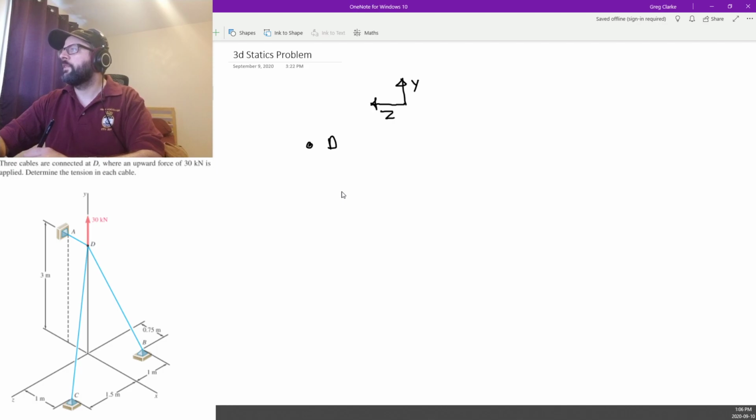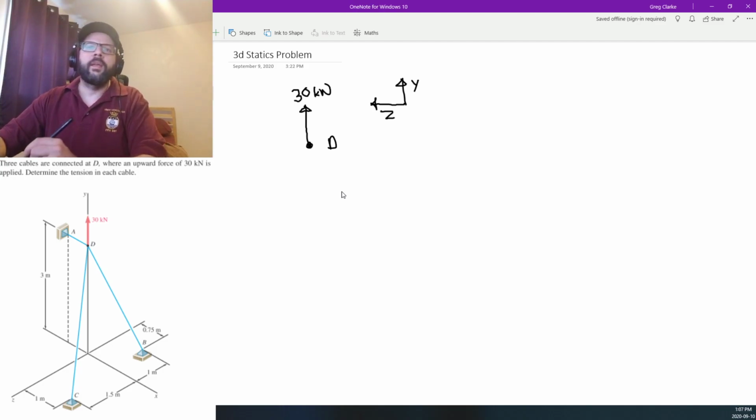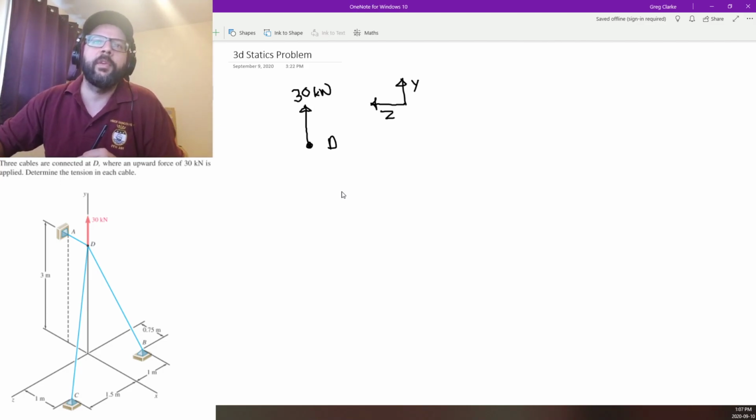First things first, at D, we've got the force applied. That is a force that is straight upwards, so in the positive Y direction, and that is 30 kilonewtons. And then we have two other forces that we would see in this free body diagram as well.